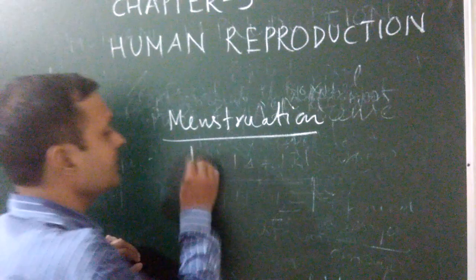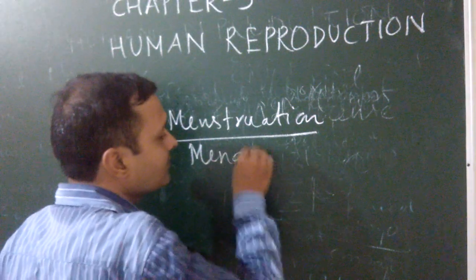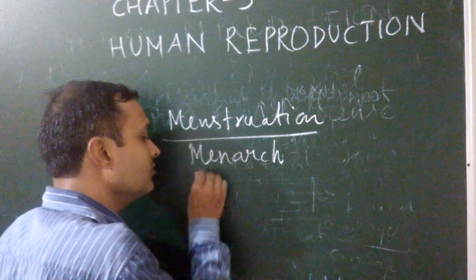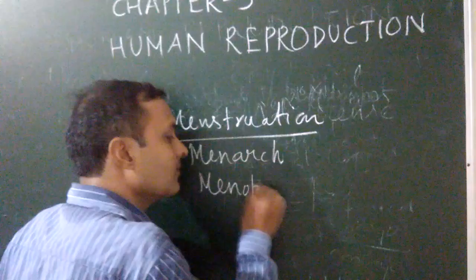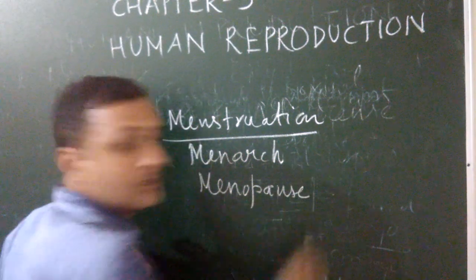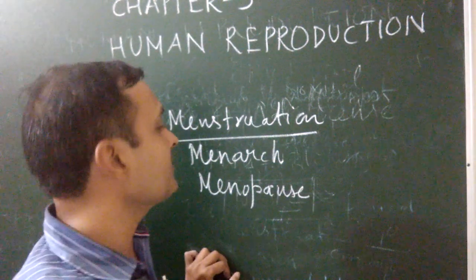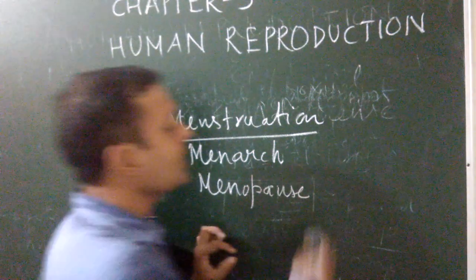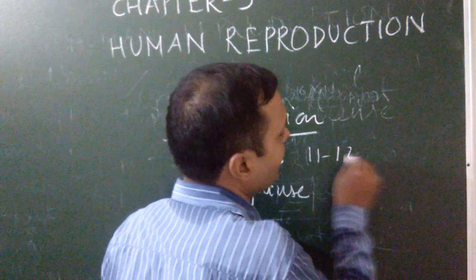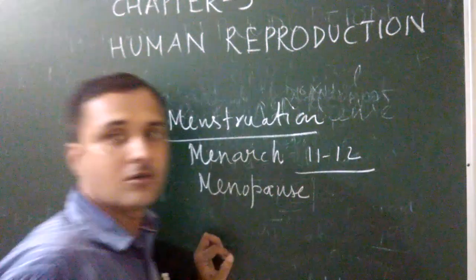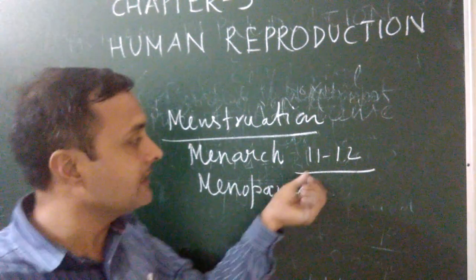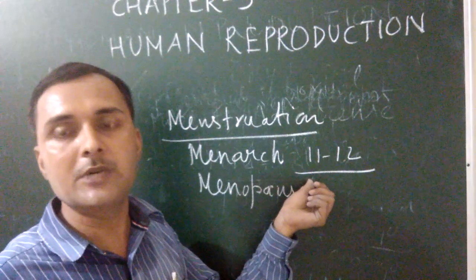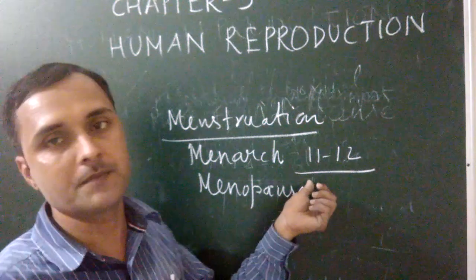Come to the next topic, that is menarche and menopause. What is menarche? The starting phase of menstruation in human females is known as menarche. Menarche takes place at the age of 11 to 12 years, because at this stage the female is able to produce the egg or ovum.